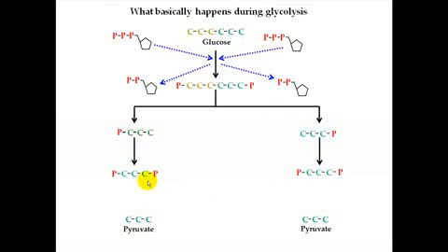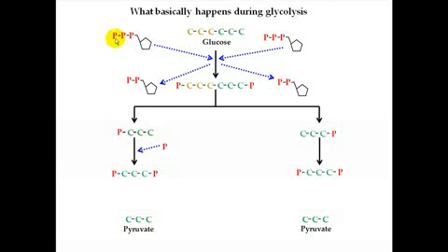So now you have 3-carbon molecules that have 2 phosphates on them. Where that phosphate group comes from, it comes from an inorganic phosphate. So an inorganic phosphate comes in, and that's where this second phosphate group comes from. By inorganic phosphate, all we mean is it's a phosphate that's attached to neither hydrogen nor carbon.